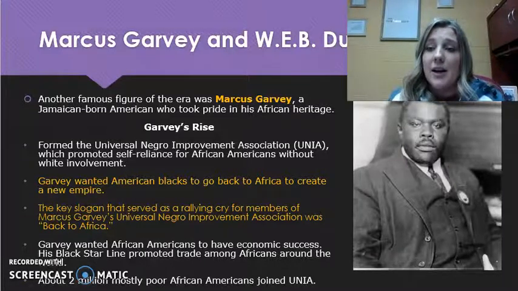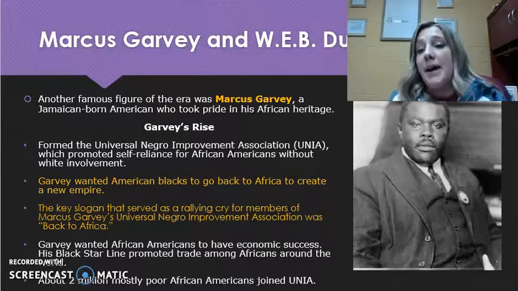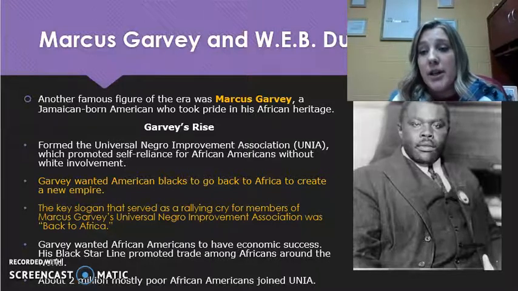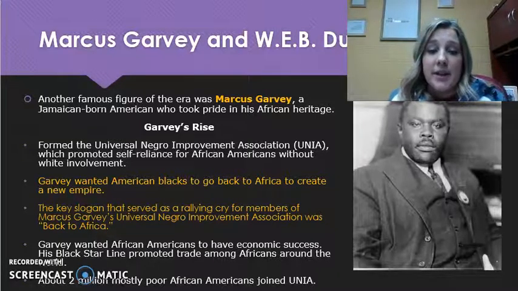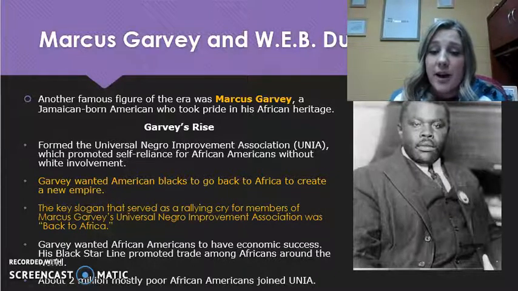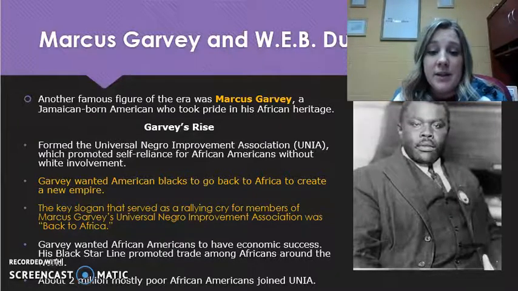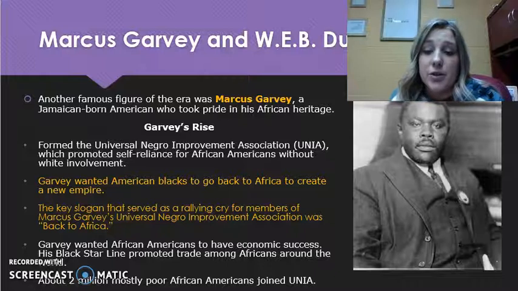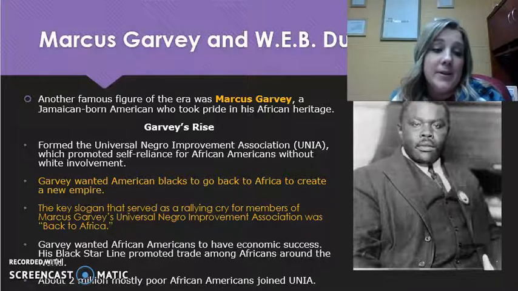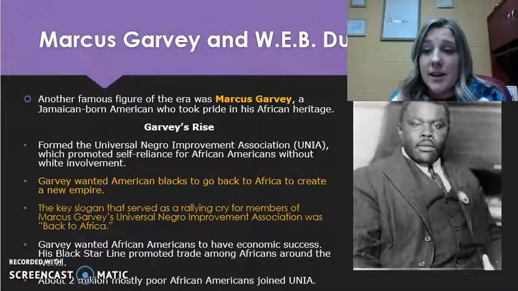He thought that they would gain more power going back to their home country and starting an empire there. And he thought that was the only way they were going to have economic success. About 2 million African Americans are going to join his group called the UNIA. And again, this is kind of a differing idea from W.E.B. Du Bois.